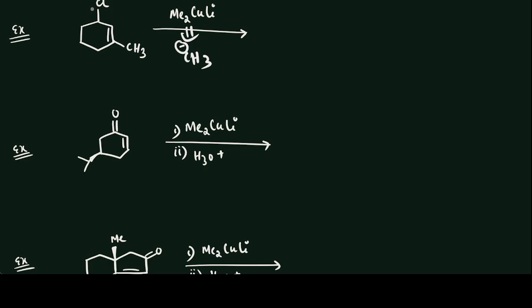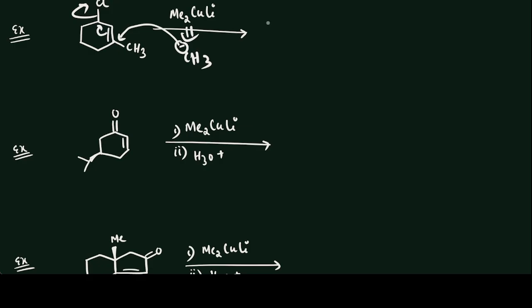If it is a carbonyl group, or if it has any leaving group, then also it will do 1,4 conjugate addition. It will attack here, and this leaving group is going to leave. So not only a carbonyl group, if you have any leaving group, at that time also it will do the 1,4 conjugate addition reaction.